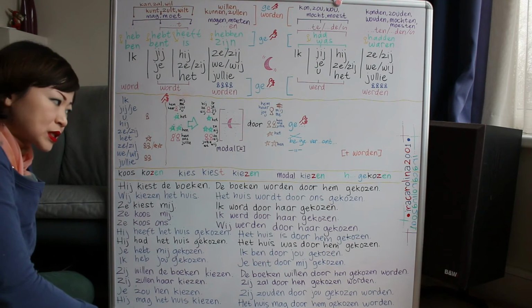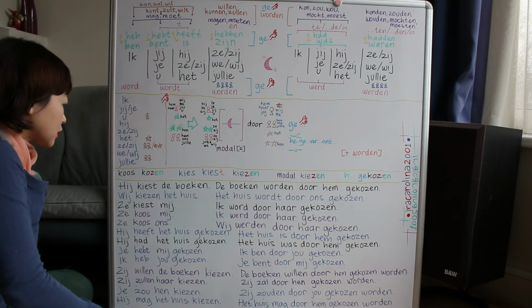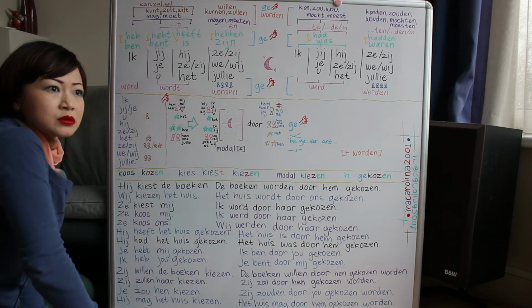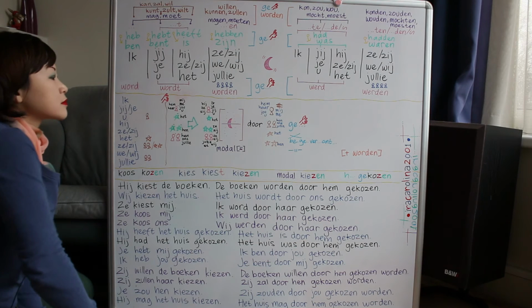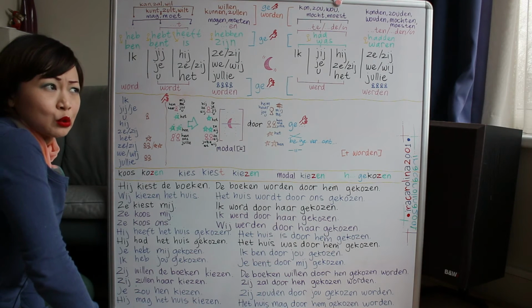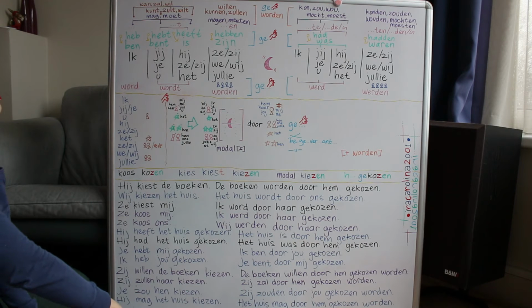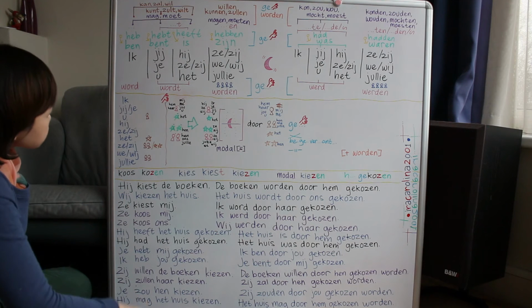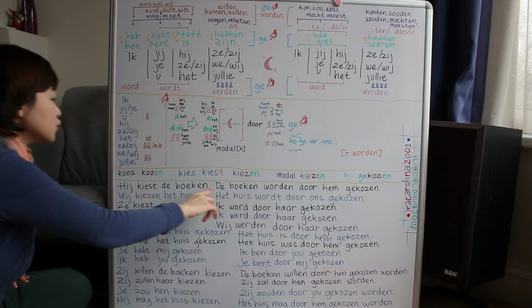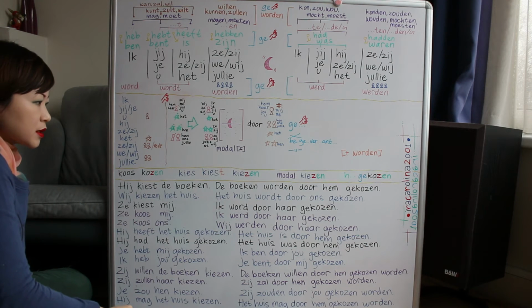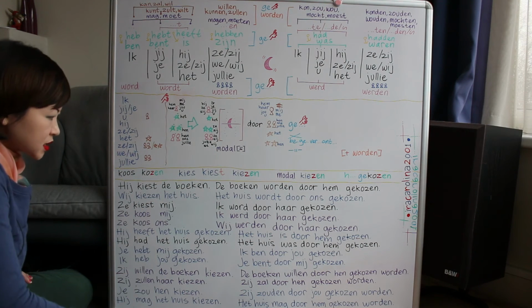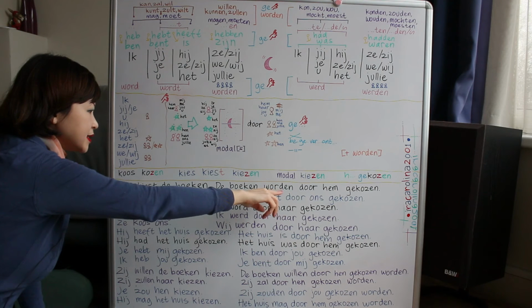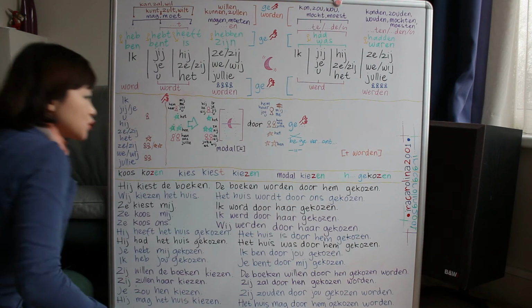De boeken is the books, more than one, and this word all means choose, chose, chosen, has chosen. Hij kiest de boeken. The active sentence, passive, it becomes de boeken worden door hem gekozen.